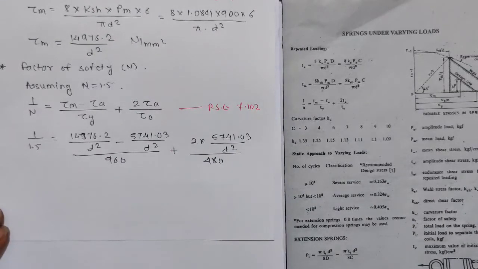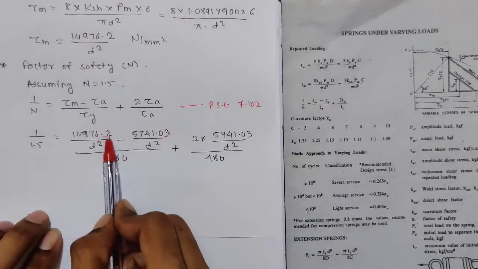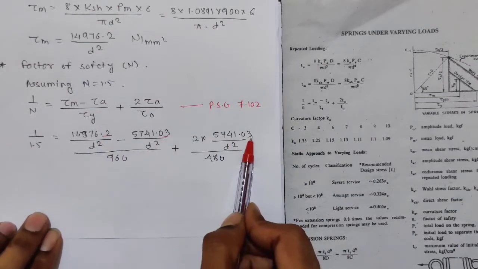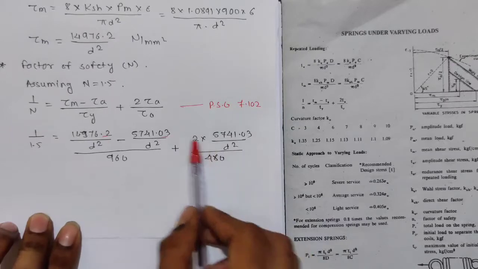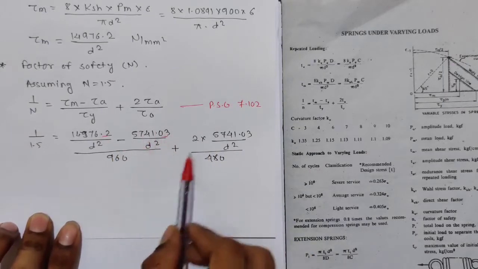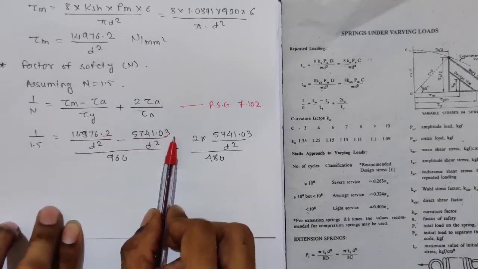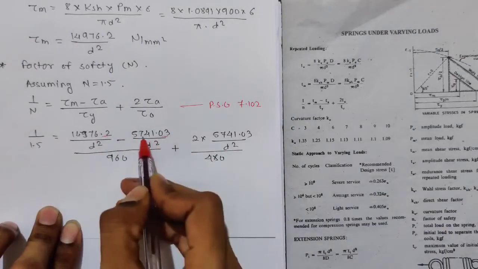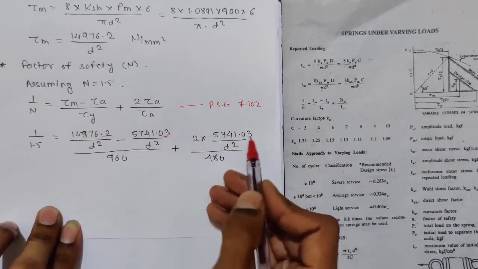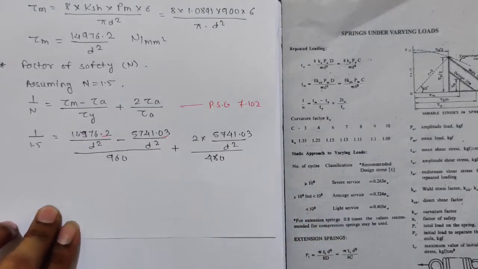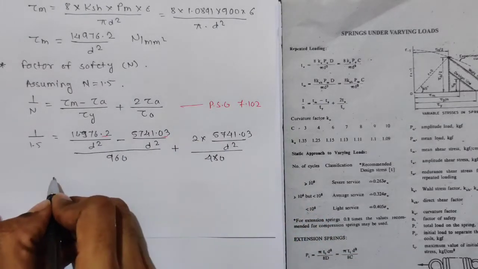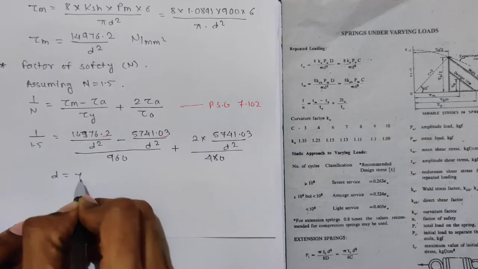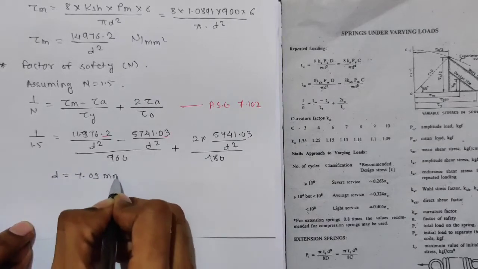Remember, don't put in this 0.2 and 0.03 value, or otherwise your calculator will say it is out of limit, and it won't fit in the formula. So just remove this, because these are big values and this 0.3 doesn't matter that much. From this you will find the diameter, you will get 7.09 mm.